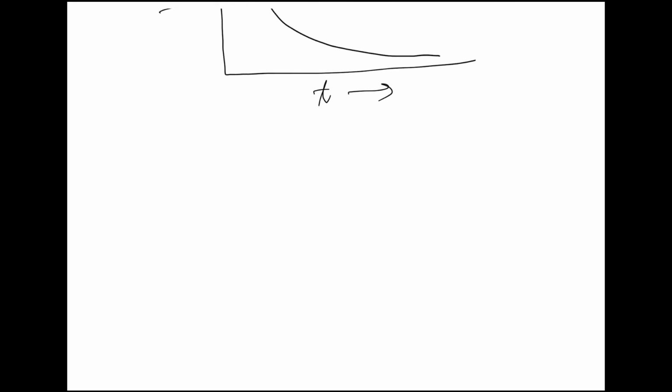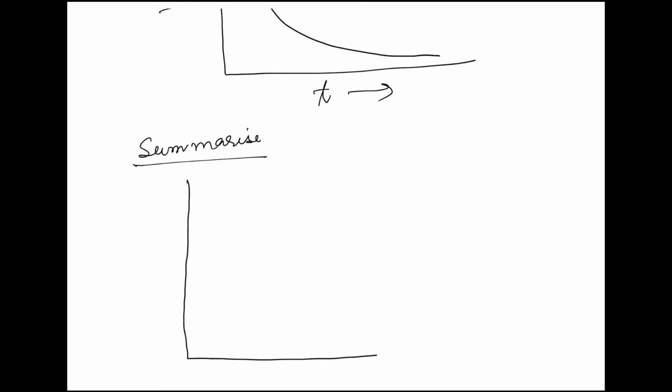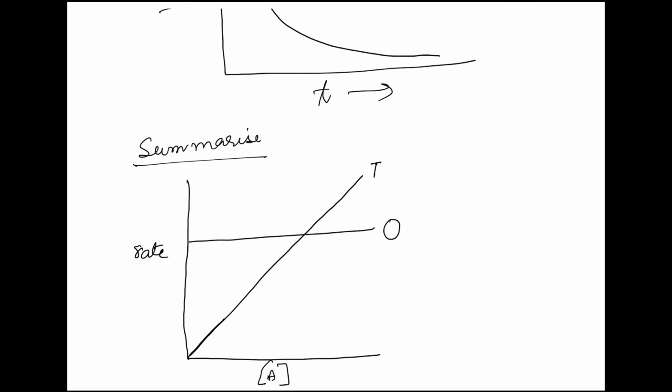So if we summarize these three graphs, in the rate versus concentration graph, this is zero order reaction, this is first order reaction, and this is second order reaction.